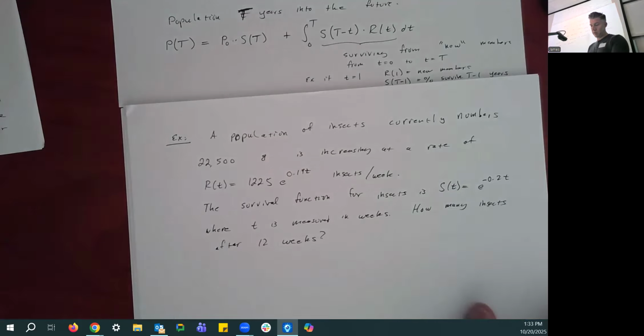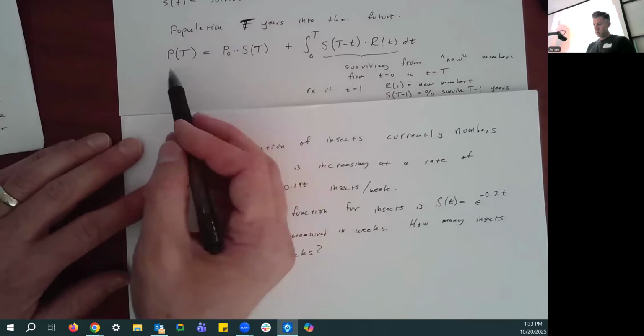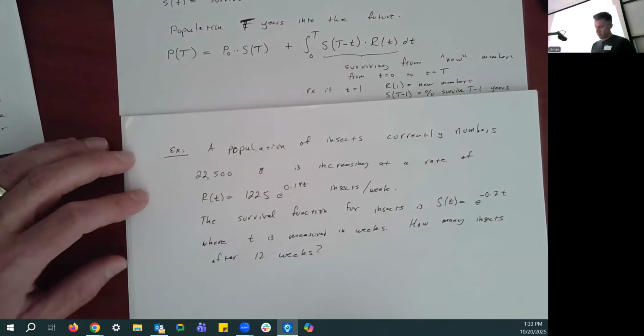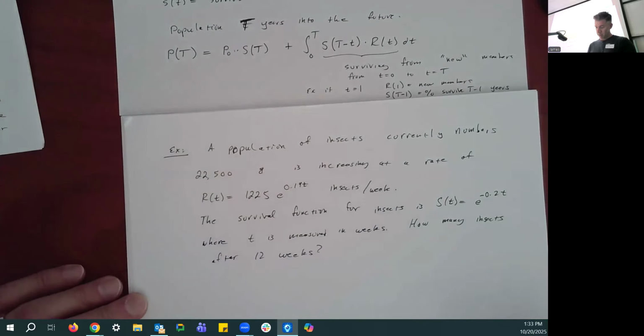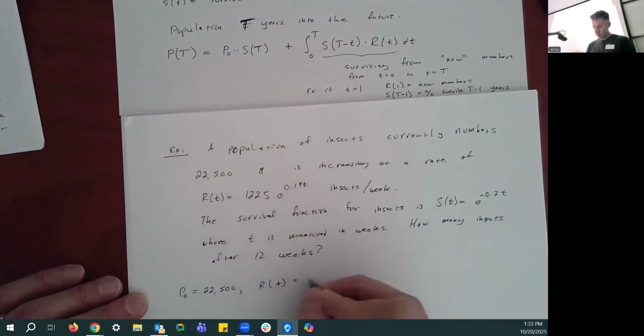And all we're really going to do is look at this formula here and identify all the pieces. Some of them are already told to us explicitly. P naught, that's your initial population, is going to be 22,500. Your R of t is what they already told us. It's 1225 e to the 0.14 t.